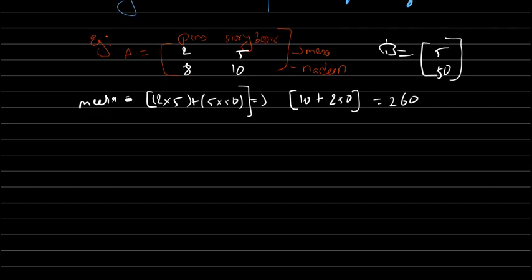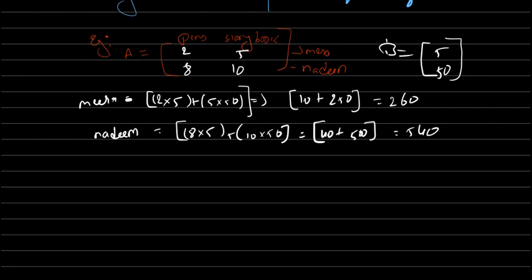The same case with Nadeem: 8 into 5 for the pens plus 10 into 50 for the storybooks. 8 5s are 40 plus 10 into 50 is 500, so it comes to 540.